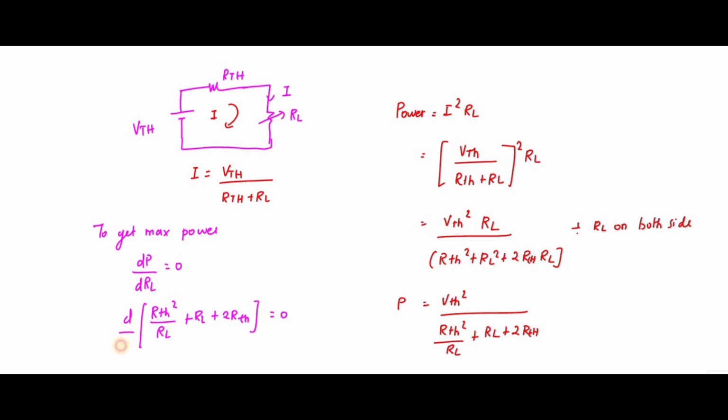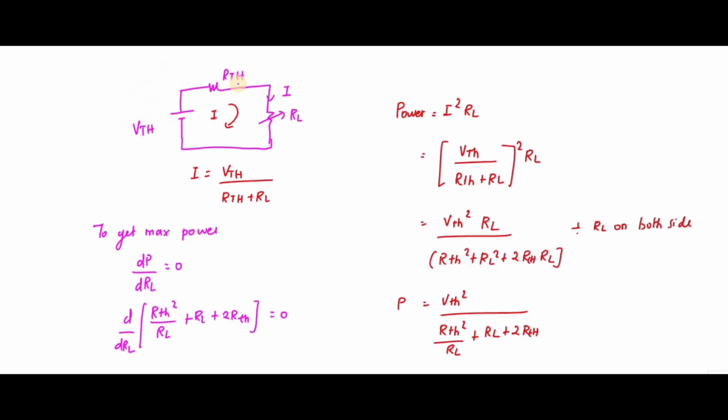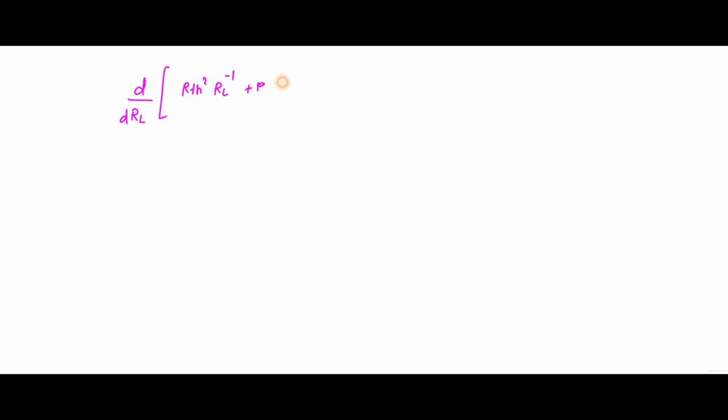Differentiating with respect to RL, I can write d by dRL of RTH square times RL to the power minus 1, plus RL plus 2 RTH, equal to 0. If I differentiate this, I will get minus RTH square divided by RL square plus 1 plus 0, that is equal to 0.